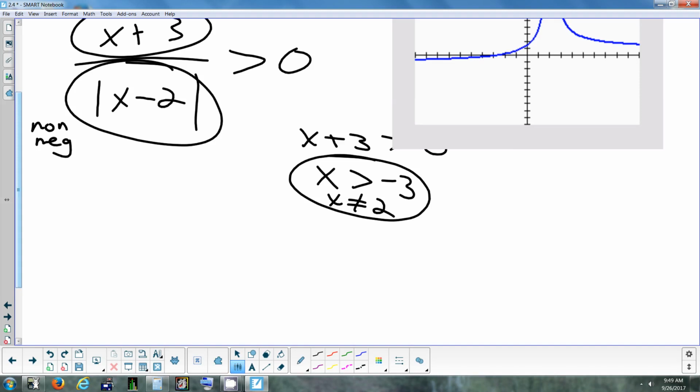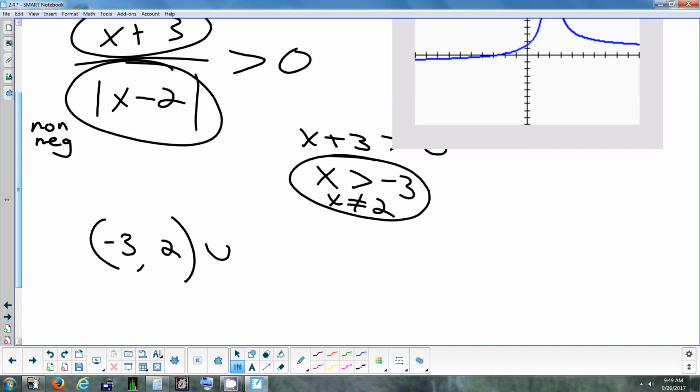We can't go any lower than -3. Can we include it? No. So from -3, what can you go up to before you have a problem? Can you include 2? No. So you can go up to 2, but don't include it. Now you could go from what number as high as you want?